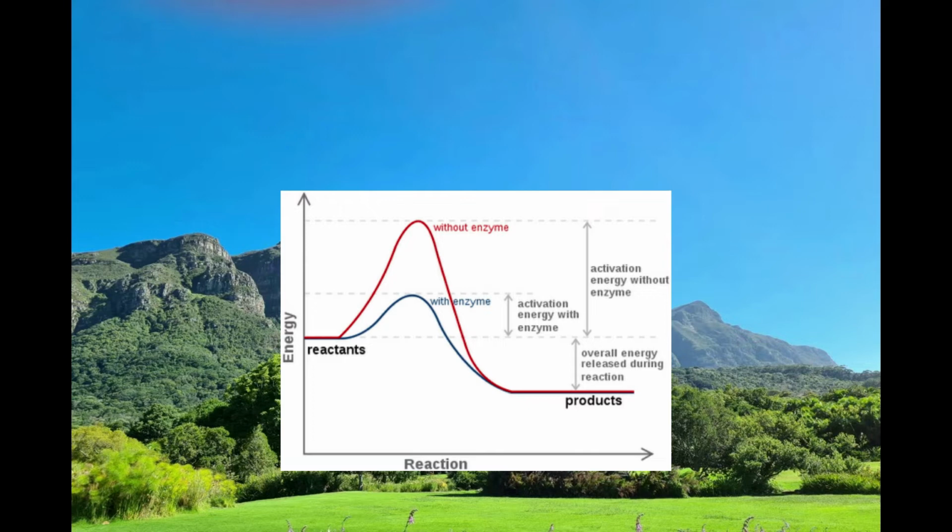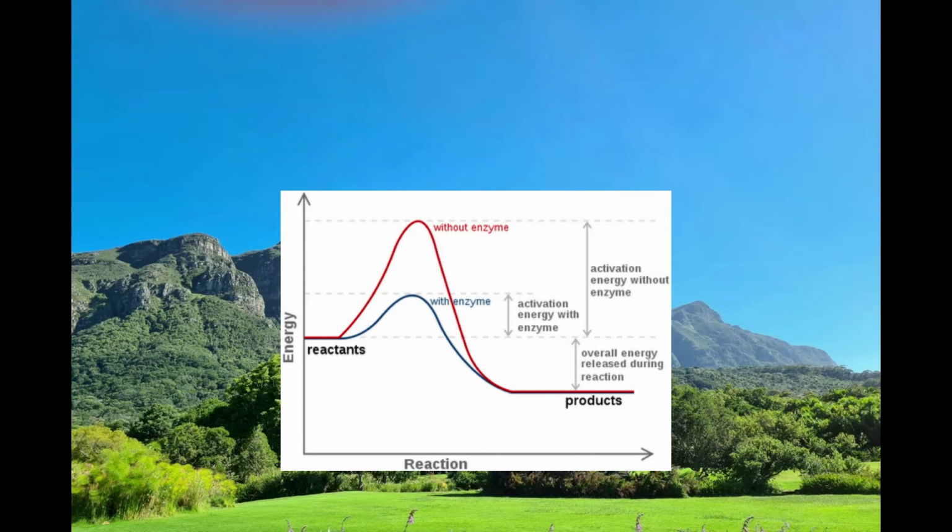This transition state is well shown in the graph. The difference in average energy content of the substrate from that of this transition state is called the activation energy.